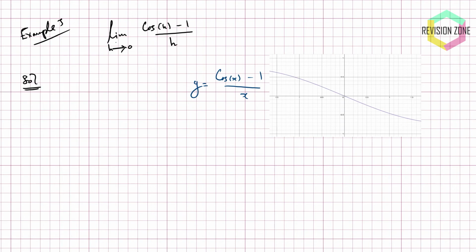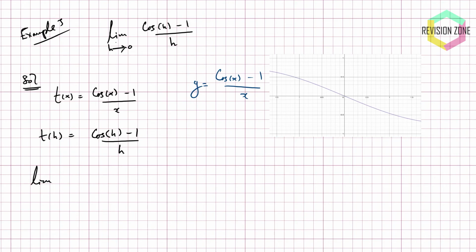I could go over the exact same sort of argument, but I'll make this a bit more brief. Ultimately, the function we want to work with, if I call it t of x, is cos of x minus 1 over x. And if I evaluate t at h, I get exactly the sort of thing that I want to work out the limit of.